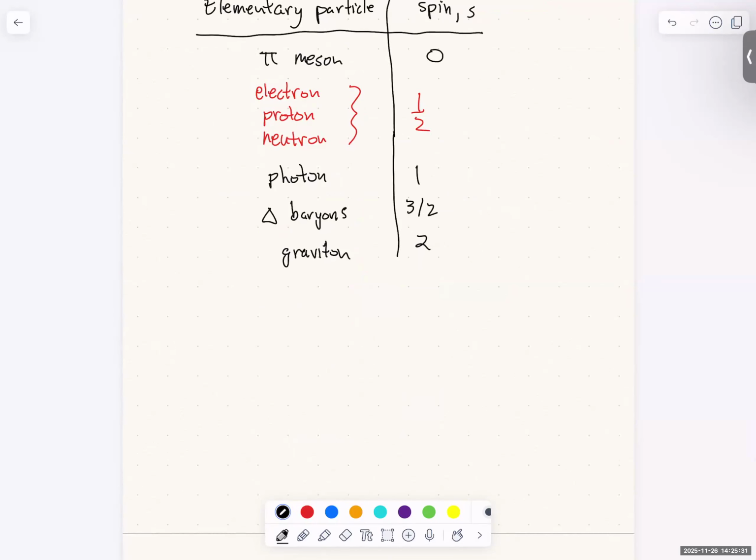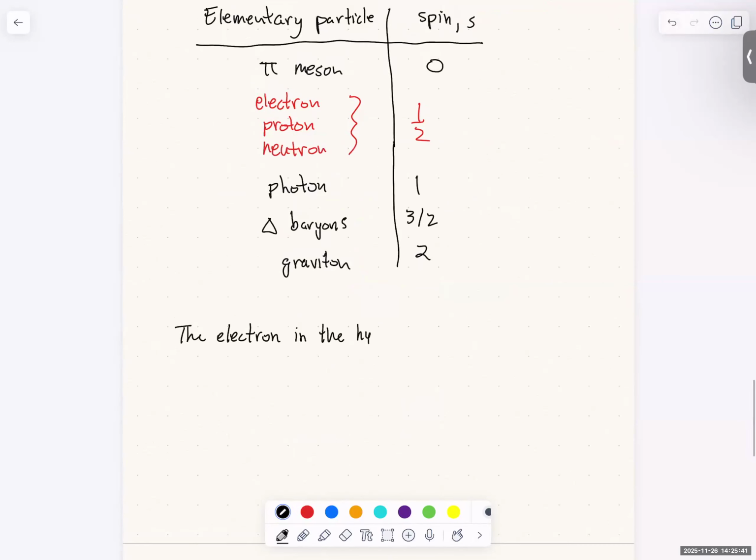All right. The electron in the hydrogen atom can have any integer value of, let's say L for the orbital angular momentum.